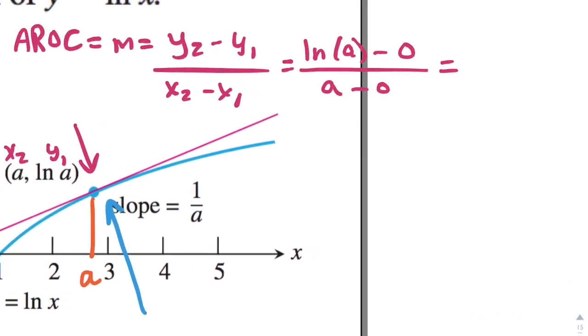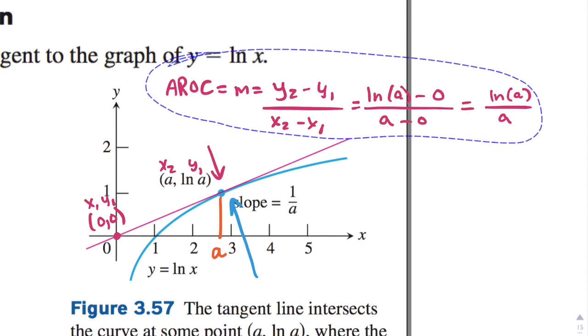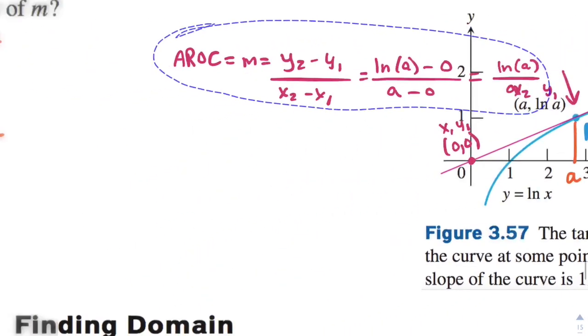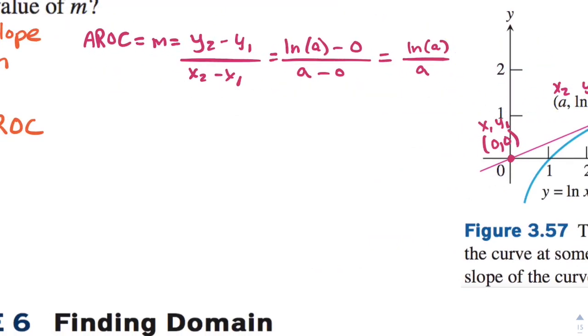That ends up being equivalent to ln of a over a. My average rate of change, or AROC, is equal to ln of a over a. Awesome. In blue, I will see how it correlates to the function.